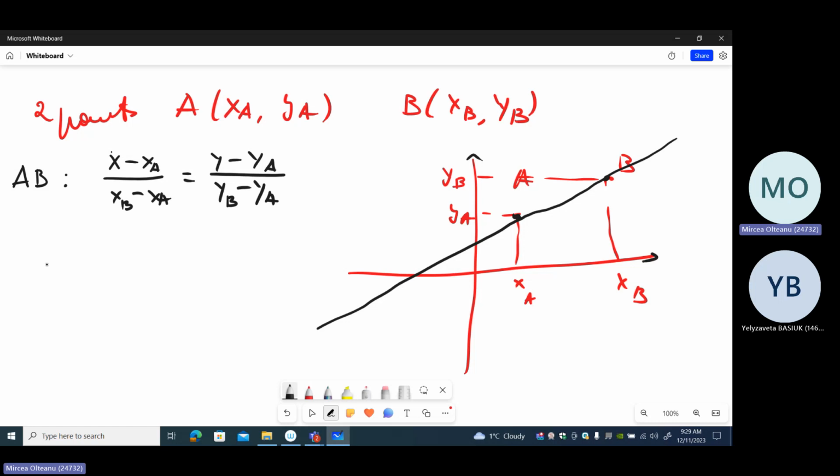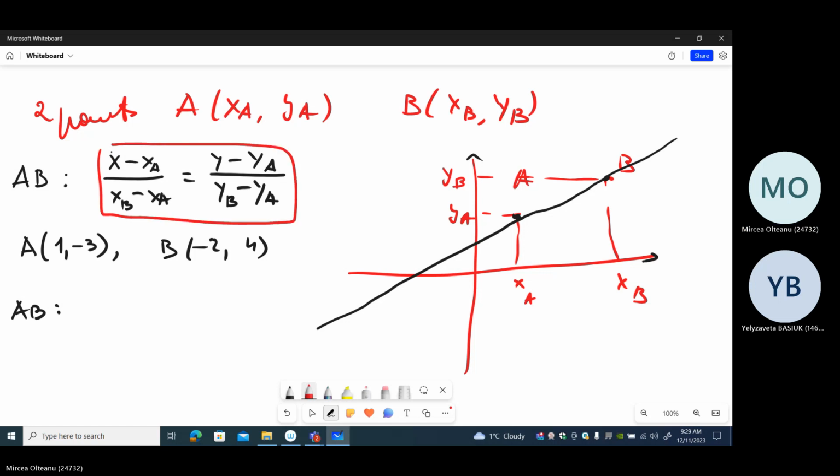For example, let's write the equation of the following straight line. A of coordinates 1, minus 3 and B of coordinates minus 2, 4. What is the equation of the straight line AB which passes through these 2 points? We have this formula. Okay, let's use it.